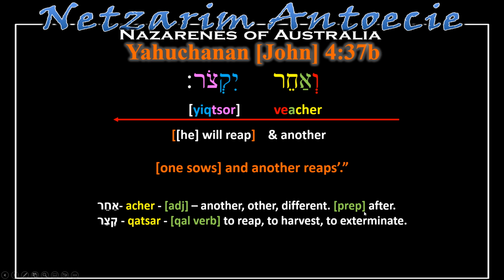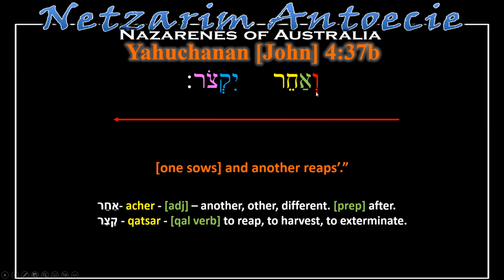But as a prep, it can actually mean after. And it is Yik-sor, he will reap. The imperfect form with the yod in front of it, Yik-sor, he will reap. Because, of course, katsar is a kal verb to reap, to harvest, to exterminate.